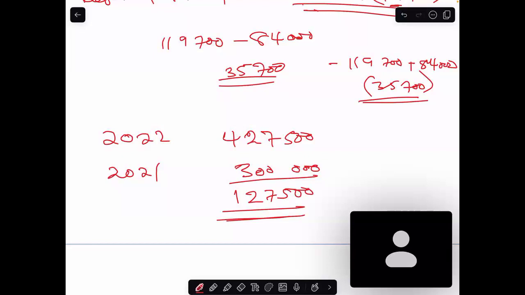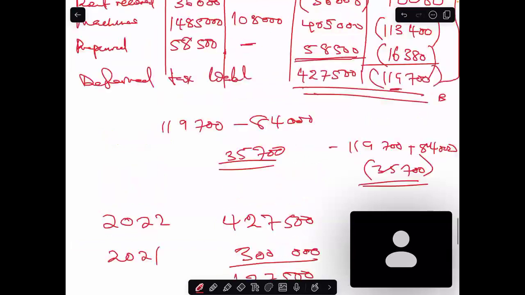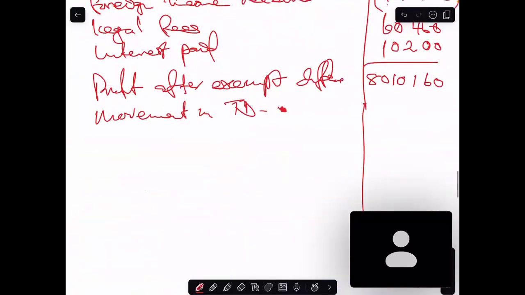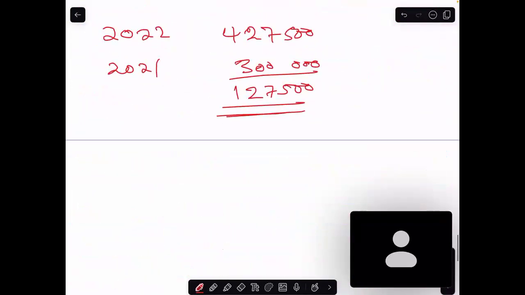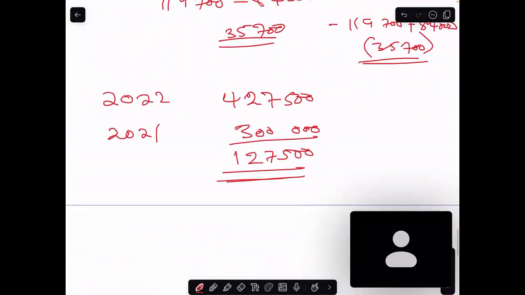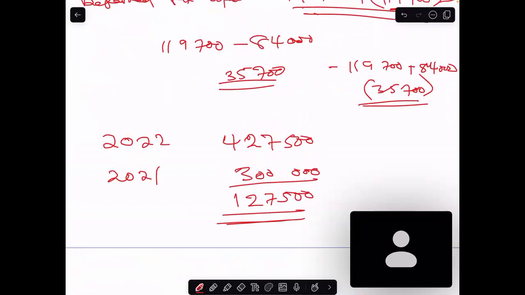Are we together? Yes. We now go and input it here, 127,500. Note that your deferred tax is calculated on the movement in temporal difference. So our movement in temporal difference is 127,500. If we say times 28%, it should take us back to 35,700.